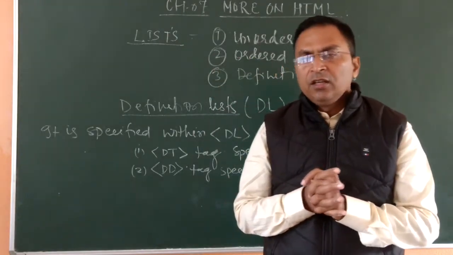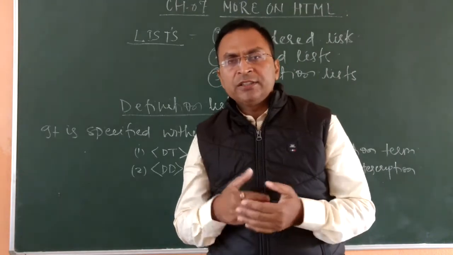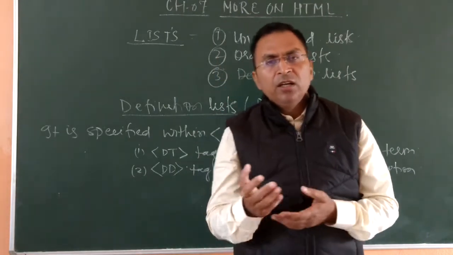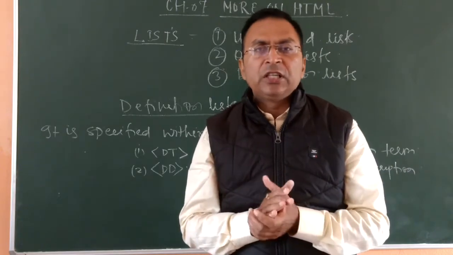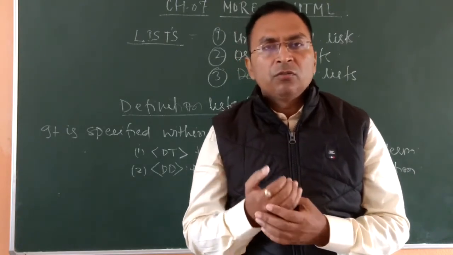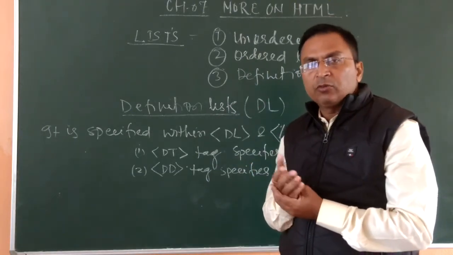we have already seen about the list. List means numbering, which is done through HTML. If the user is trying to print output in sequential numbers using this application, we can get that output.